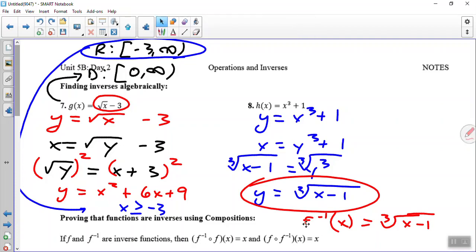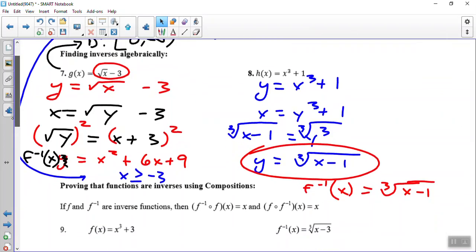We should do the same thing over here. Instead of y, you'd say f inverse of x. That's the proper terminology and notation. All right, so you're just finding the inverses.